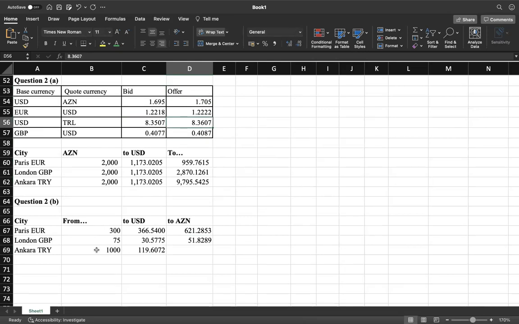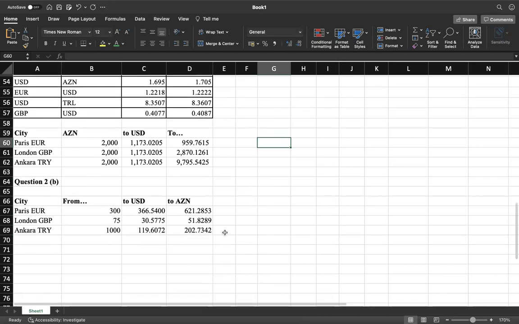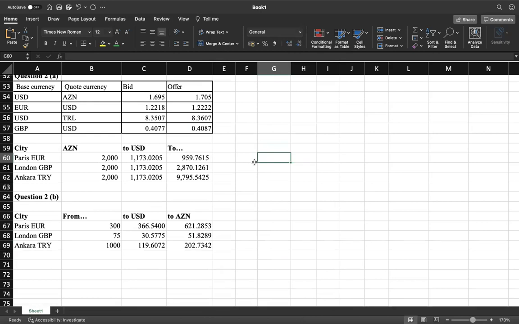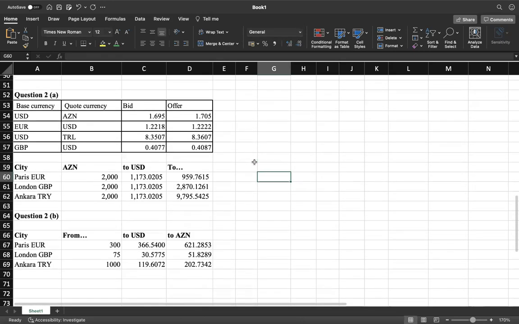So therefore, I divided Turkish lira amount by USD offer rate. And then the same way of calculation with price of USD ASEAN, 202 point, and etc. So that's how question 2 is solved.